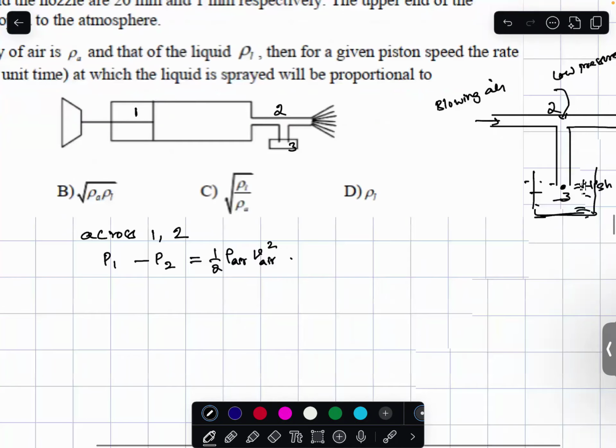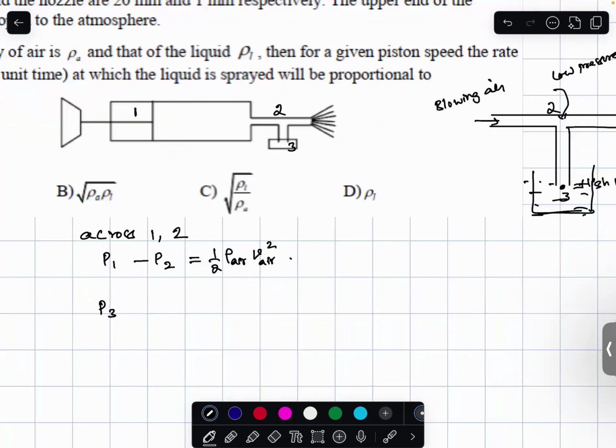Next again, P3 minus P2, because the air that passes through the nozzle creates a low pressure at 2 than that at 3. That is how the system works. Then half rho liquid V liquid square. Any doubts, boys and girls?